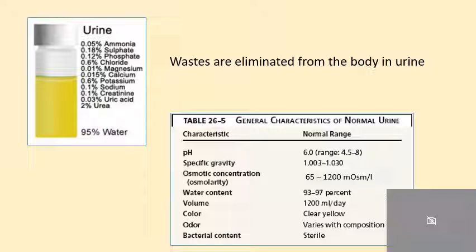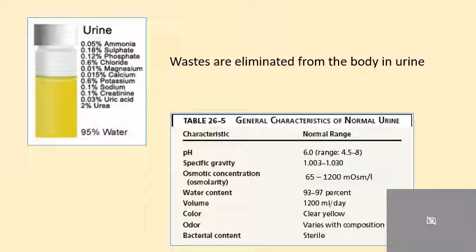It has quite a flexible pH range. Between 4.5 and 8 is considered normal, and that's an incredibly wide range, if you consider that the normal pH range for blood plasma is 7.35 to 7.45. So that's a narrow range, but your urine is quite flexible, 4.5 to 8.